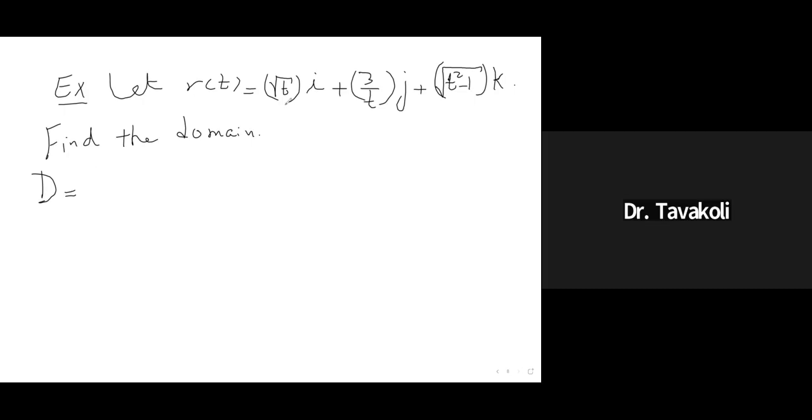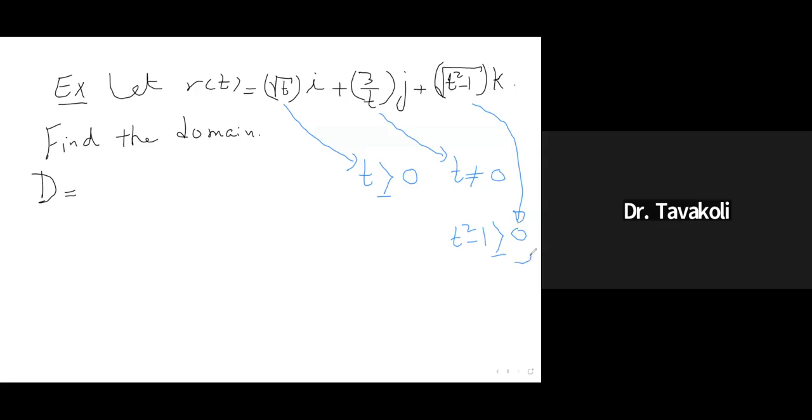Radical t requires that t be more than or equal to 0. 3 over t requires that t be different from 0. Radical t squared minus 1 requires that t squared minus 1 be more than or equal to 0.